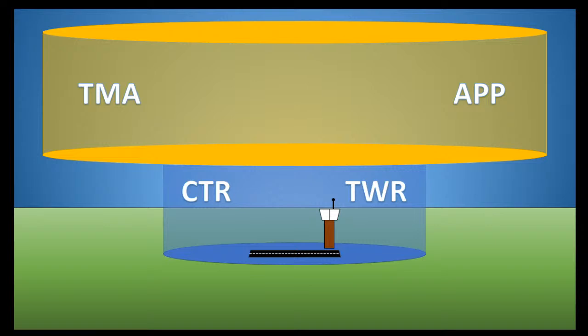approach control will be further subdivided, like a tower is divided in ground, tower, sometimes delivery. Sometimes an approach control can also be further subdivided, and that would mean things like departures and arrivals. Sometimes more sectors will take care of arrivals, but we'll talk about that later.